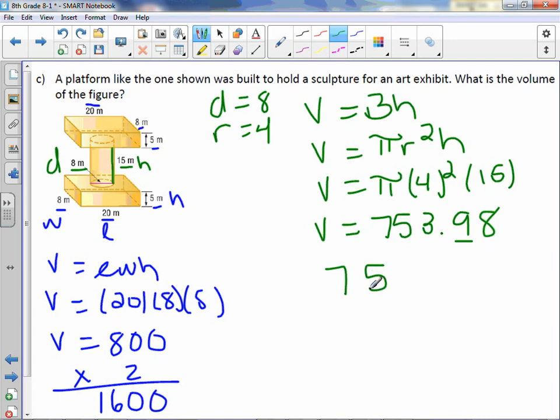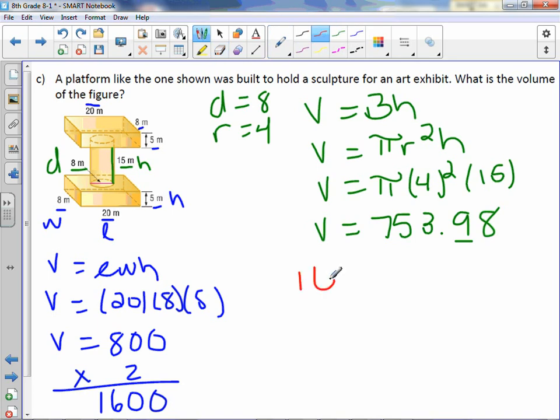Let's round to the nearest tens place. It would actually be 754.0. Oh, actually, we shouldn't even round until the end, now that I think about it. We're not at the end yet. So we have both volumes to add together.